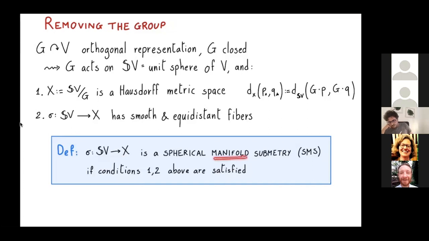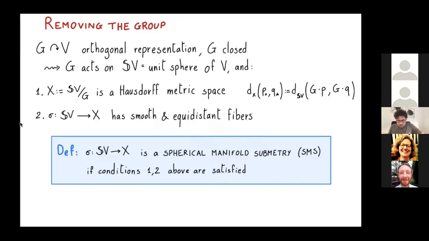The word manifold has to do with the smoothness of the fibers; submetry essentially has to do with the equidistance of fibers. I will refer to these as SMS or just submetries, to avoid repeating myself too much.